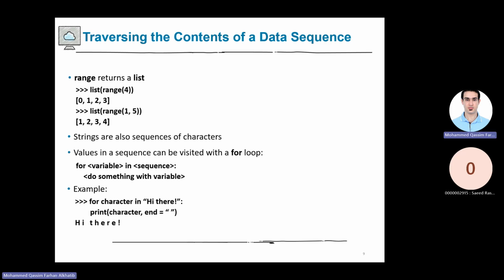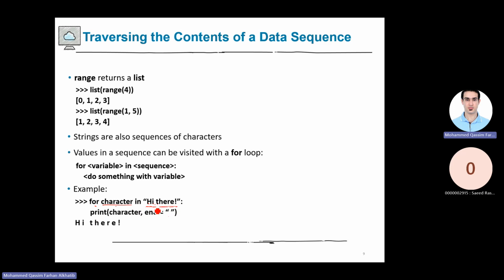Basically, for loops, you are traversing through either a list or a string or a series of characters. So in this example here, you have for character, that's your variable, that has values in this list. And each time you print the character at each iteration along with the space.